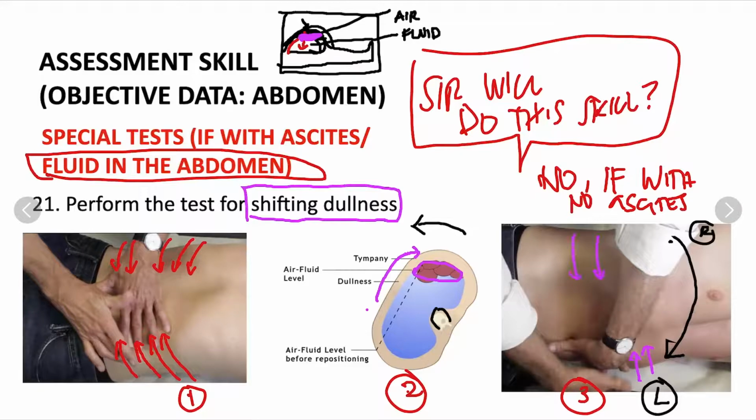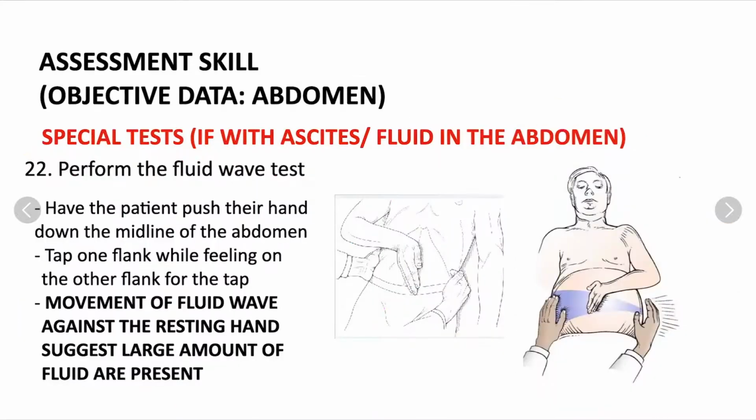So he would be doing percussion from one side to another, determining where the dullness is percussed. Okay, so that's how you do the shifting of dullness for people with ascites or fluid in the abdomen. This is more specific if the patient has larger than 1.5 liters of fluid accumulation in the abdominal area.